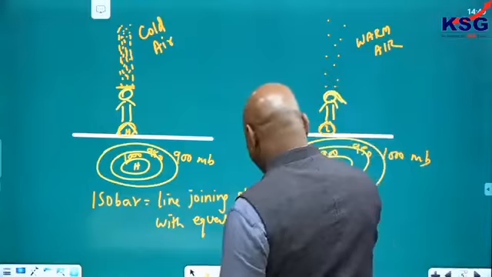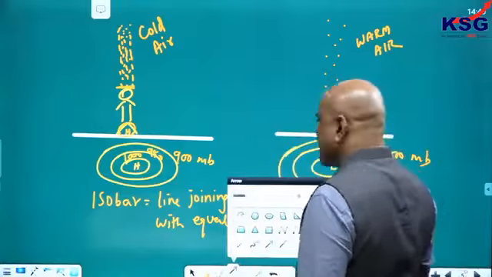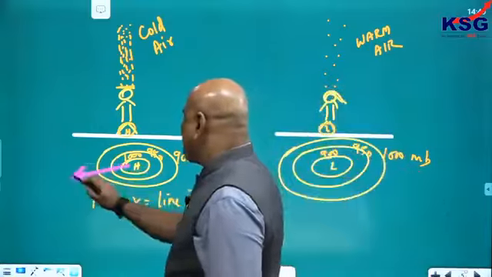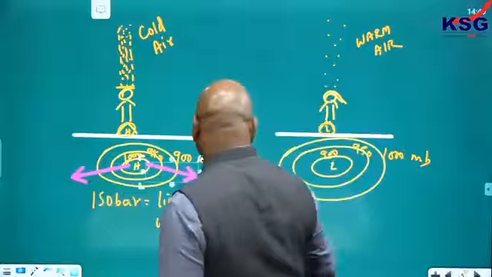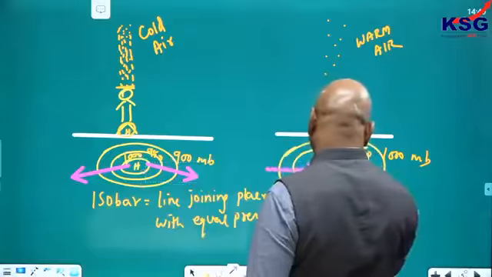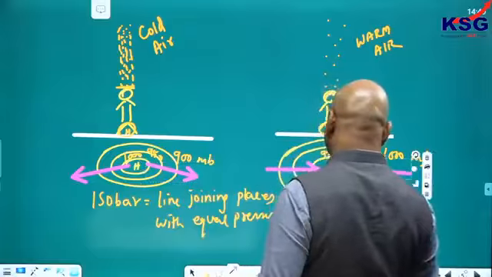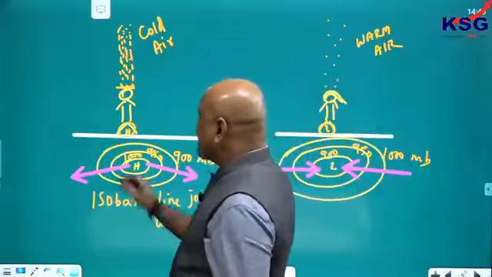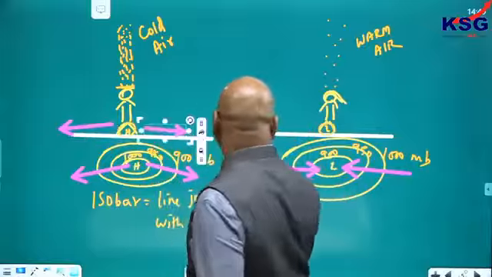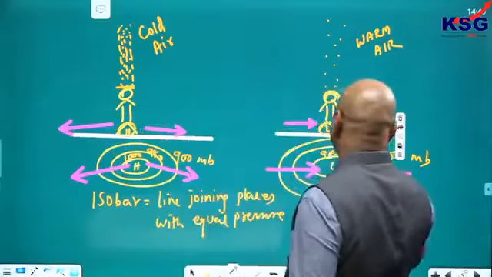So you tell me one thing, in this case to maintain balance, wind will go away from here to this side, but here the wind will converge from the periphery to this side, is it not? Here wind will diverge, here wind will converge.